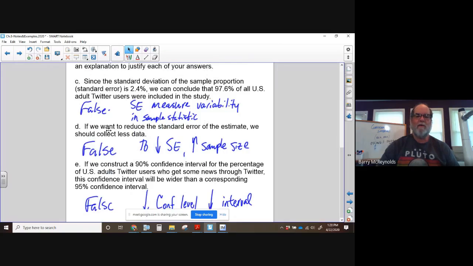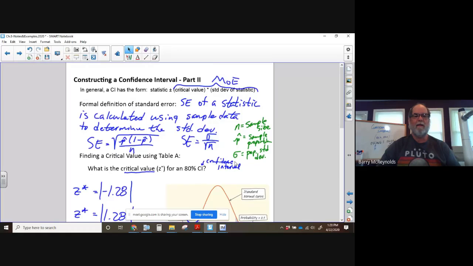Question D, if we want to reduce standard error of the estimate, we should collect less data. And the answer to that is false. To decrease standard error, we want to increase the sample size. So go back and look at this formula here.